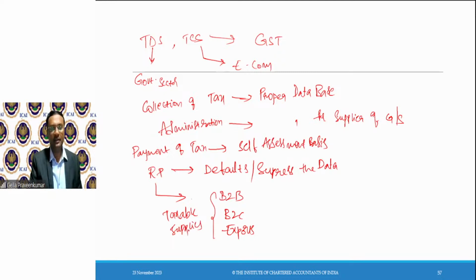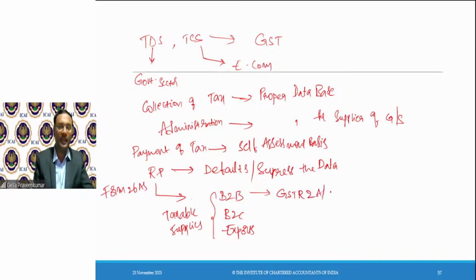Like your income tax provisions have Form 26AS, under GST law, for all B2B supplies there is a form called GSTR-2A or 2B, where the buyer keeps track of the seller. If the seller defaults in paying taxes, the buyer will stop business with that particular seller.